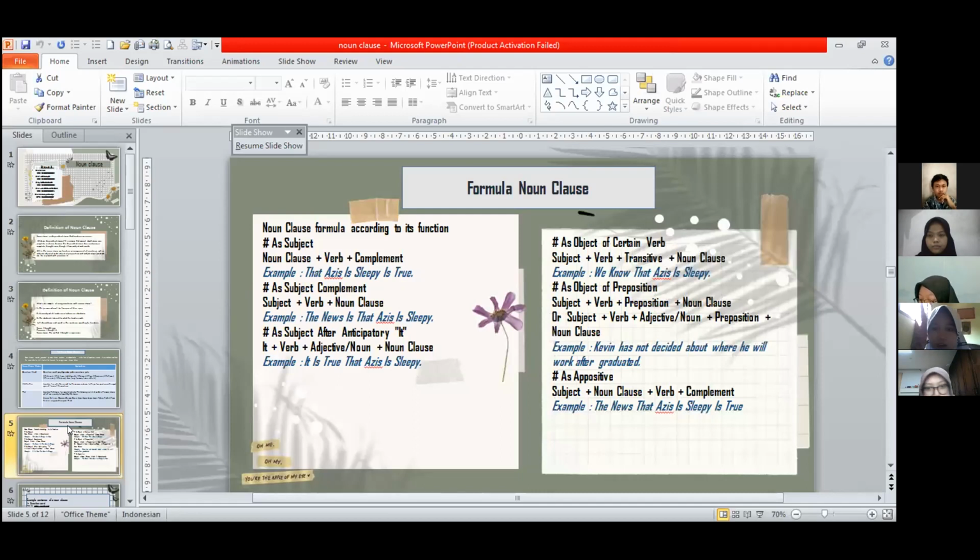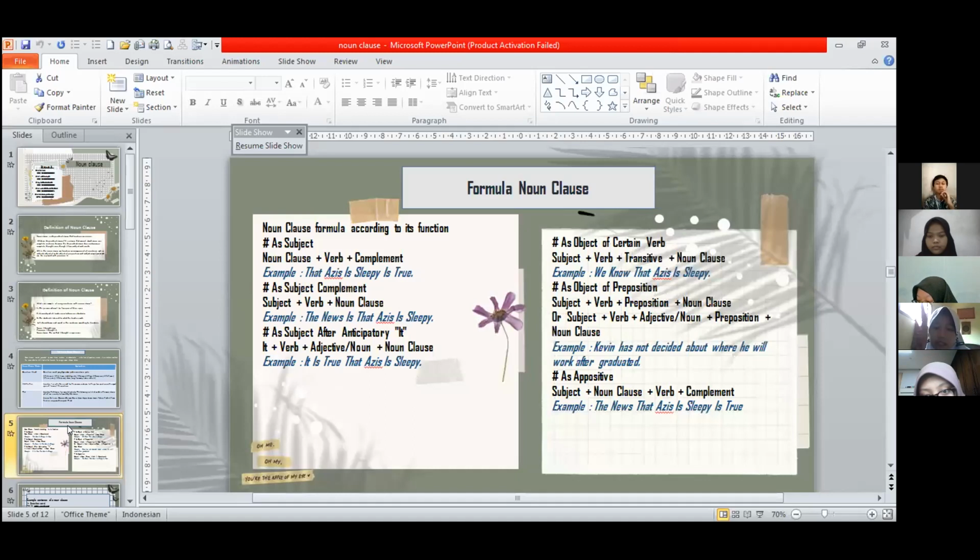As object of certain verb: subject plus verb plus transitive plus noun clause. The example: we know that Aziz is sleepy. As object of preposition: subject plus verb plus preposition plus noun clause, or subject, verb plus adjective or noun plus preposition plus noun clause.